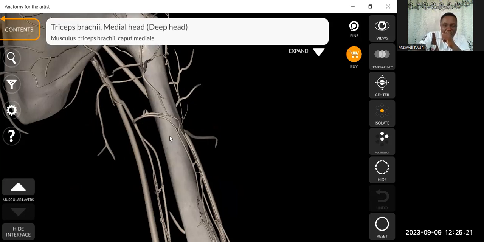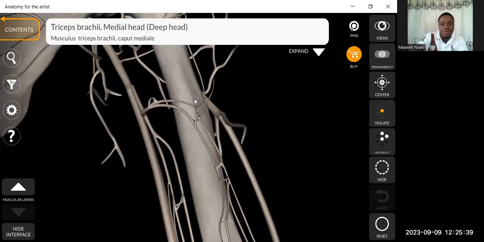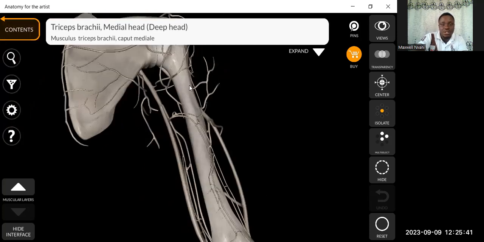the medial head originates from the posterior surface below the radial groove, while the oblique ridge, found above the radial groove, gives origin to the lateral head of the triceps brachii, okay?